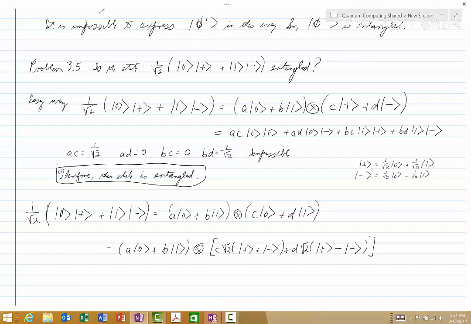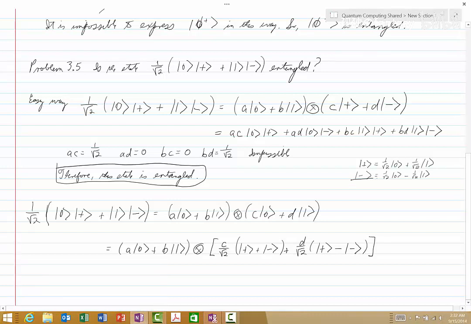Nope, sorry. This should be over square root of 2 in each case. Okay, so c over square root of 2, and this should be d over the square root of 2.